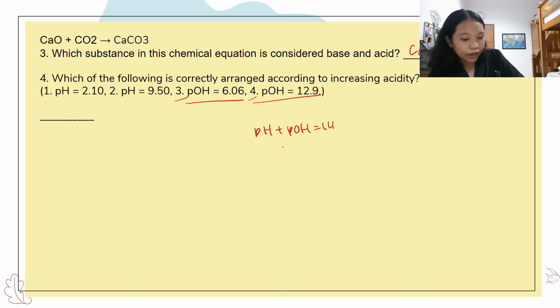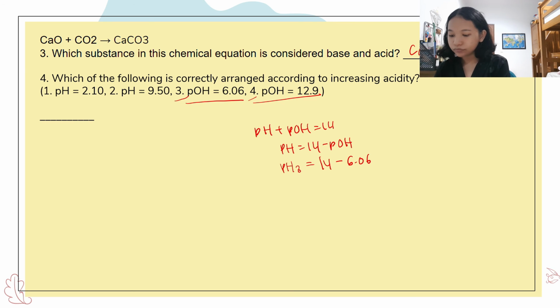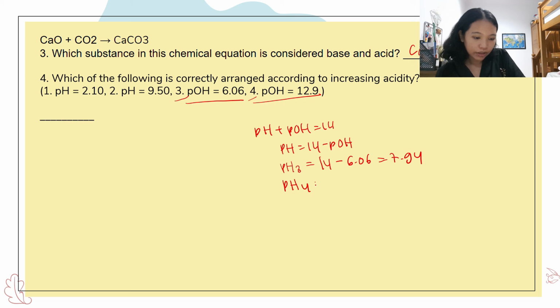That means that pH equals 14 minus pOH. So the pH of solution number 3 is 14 minus 6.06, which is 7.94. And then pH of number 4 is 14 minus 12.9, which is 1.1.